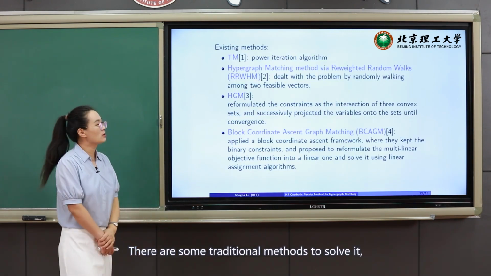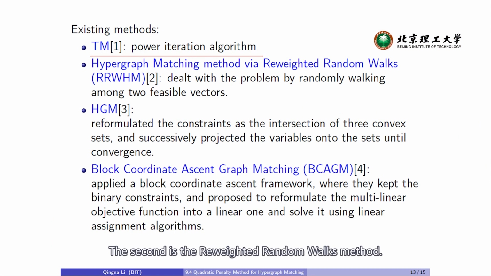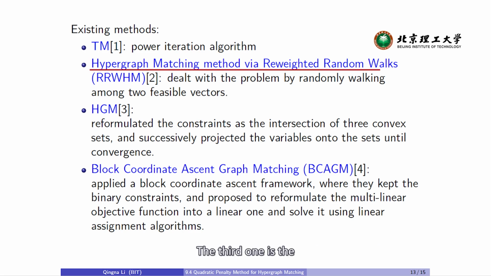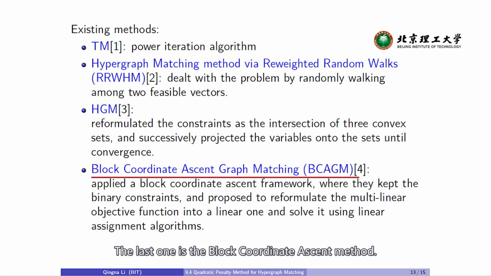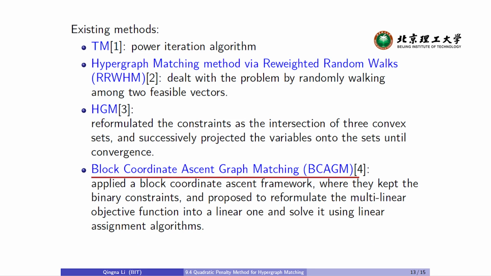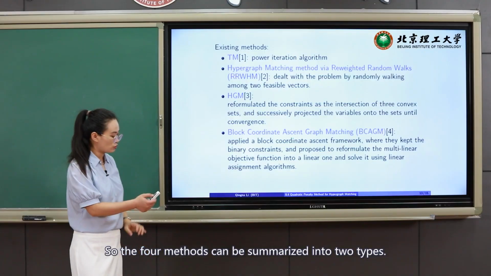There are some traditional methods to solve it, including basically 4 types. One is the power iteration algorithm. The second is the reweighted random walks method. The third one is the successive projection method. And the last one is the block coordinate ascent method. The 4 methods can be summarized into 2 types.